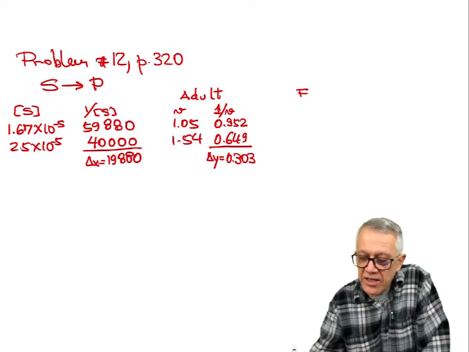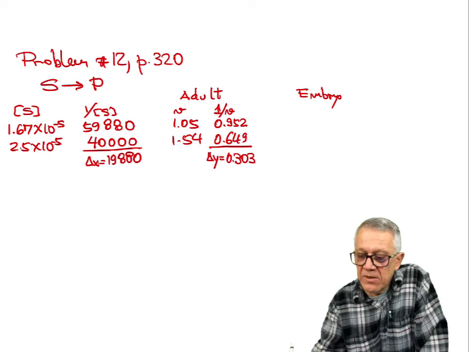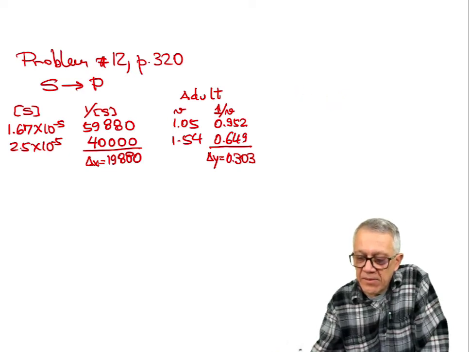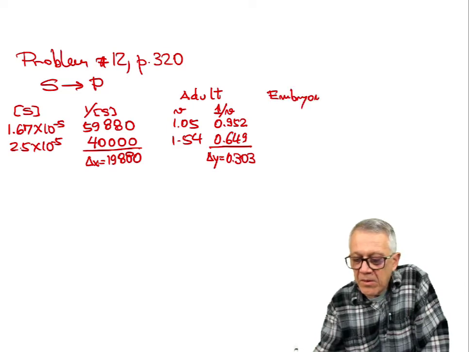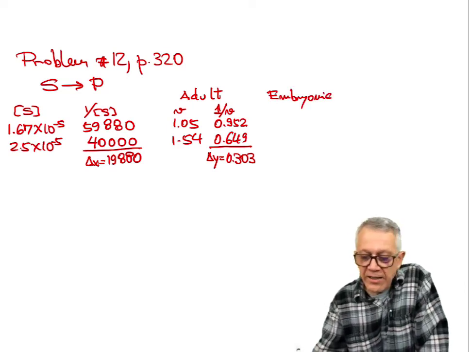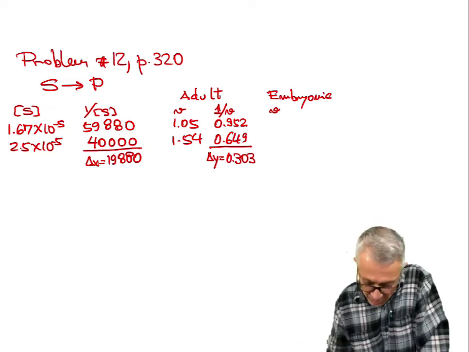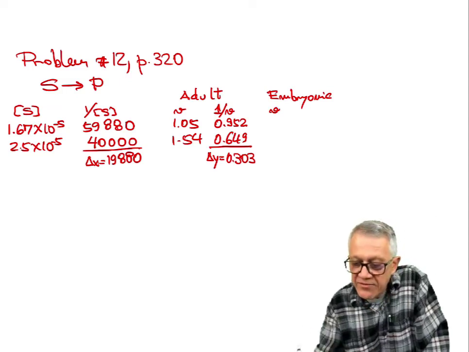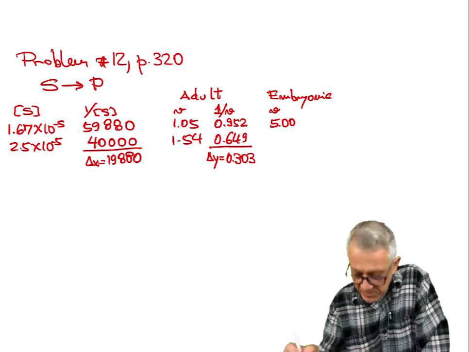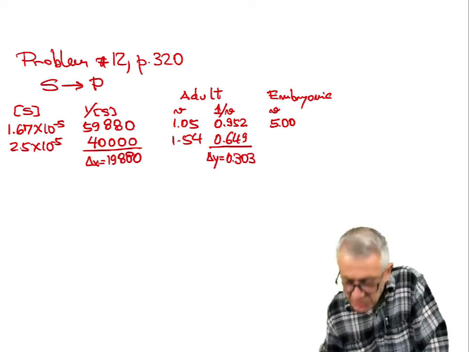Now let's look at the embryonic data. The velocity for the embryonic data, for the first one, was 5, and then 6.66.